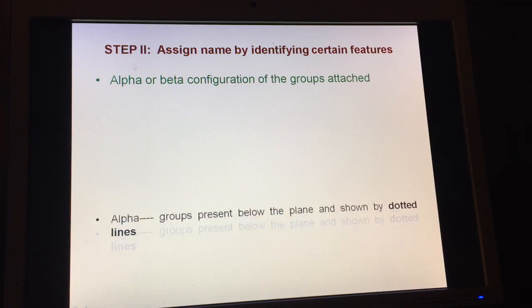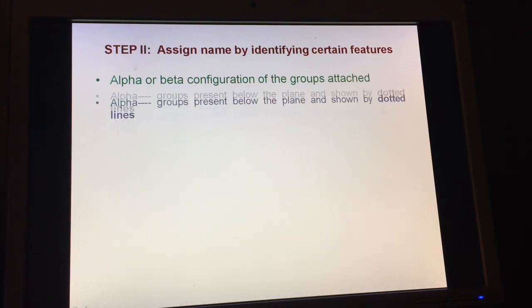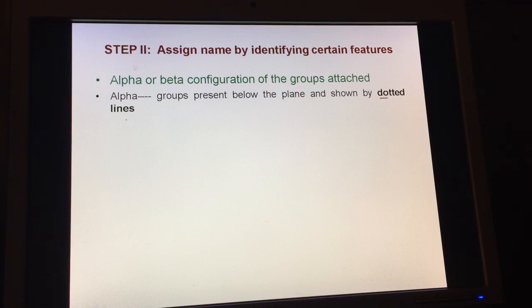Alpha means groups are attached below the plane of the ring, and these are shown by dotted lines, like we have shown in the case of 5 alpha cholesterol, where the hydrogen at position number 5 was represented by dotted lines. It means alpha. And then we have beta, wherein the groups are present above the plane and are shown by the solid line.